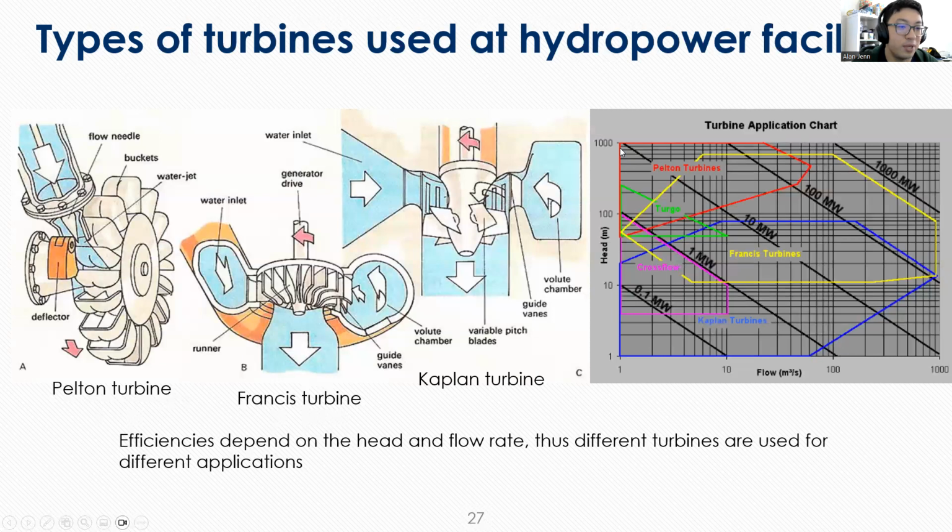Pelton turbines can handle these large height differences, whereas Kaplan turbines are typically for smaller ones, and for things with high flow rate, you might want a Francis turbine. The efficiencies are going to depend on the type of turbine that you use, as well as the conditions of the water from your reservoir.